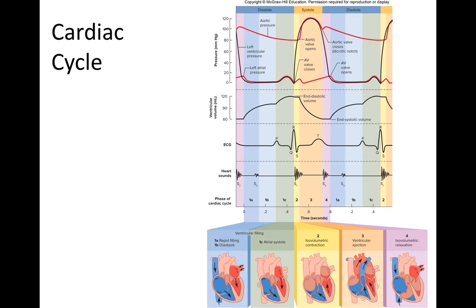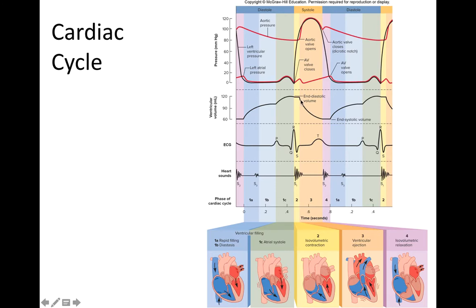So your if-then statement regarding increasing ventricular volume is if ventricular volume is increasing, then AV valves are open. There's no way for volume to increase and have the AV valves closed. So anytime you're seeing increases in volume, you know AV valves are open.